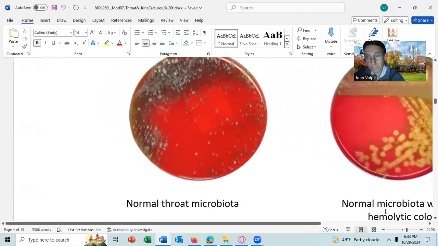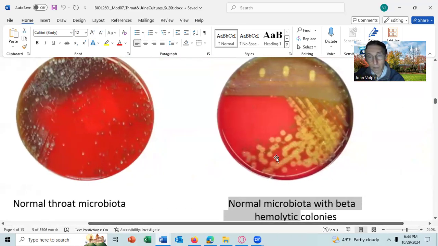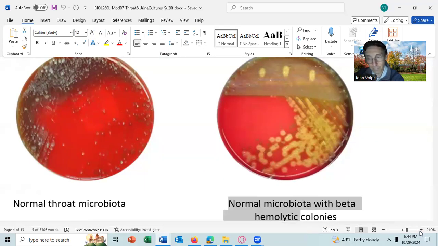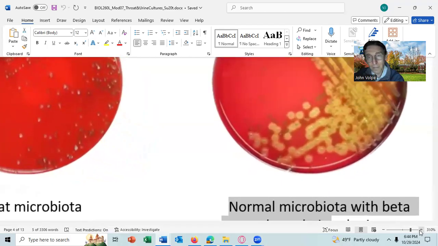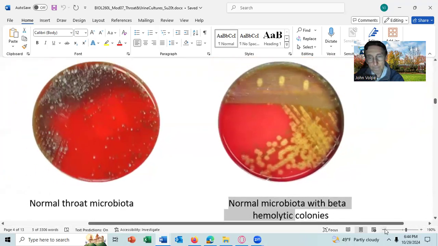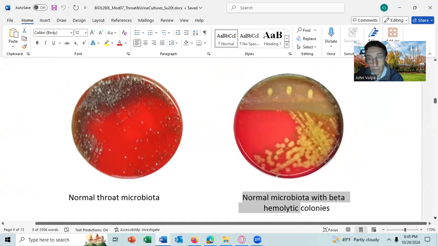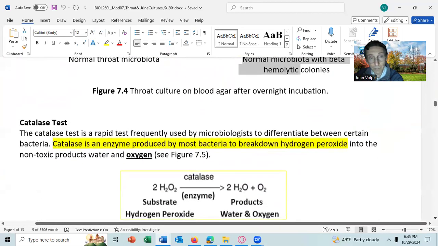Here we have beta hemolysis, and that small white colony there, surrounded by a very large clear zone, is showing you beta hemolysis, and the white colony is the Streptococcus pyogenes. And that region there is the complete hemolysis around it. Once you get that, you run the 2 tests, the first being catalase.